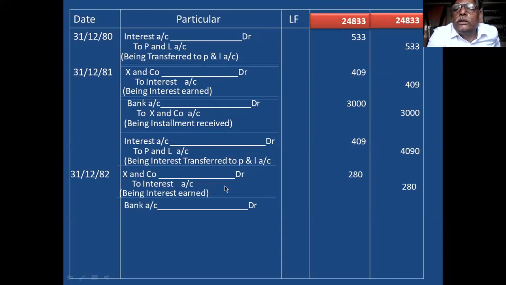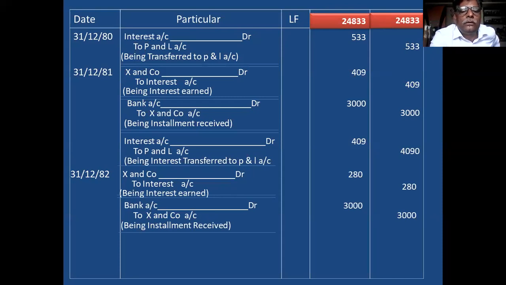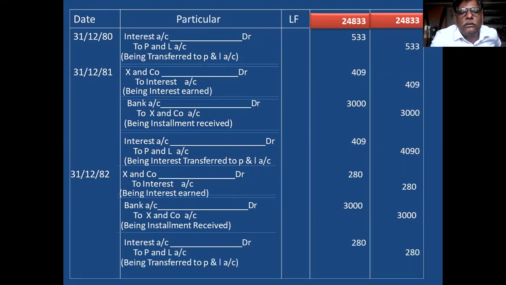Then receiving the installment: bank account debit to X and Company account. Bank balance increases, debtor balance decreases. Remember this. 3,000, 3,000. Next is for transfer of interest. Interest account debit to P&L account, being interest transferred. 3 entries, same entries. I repeated the entries; the only change is the interest.